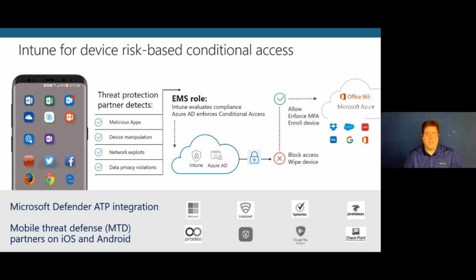And then that all integrates as well, not just to Microsoft services, as you can see at the bottom of the slide. It works with many third-party services that you might have in your enterprise as well. So it's not tied completely to just Microsoft.